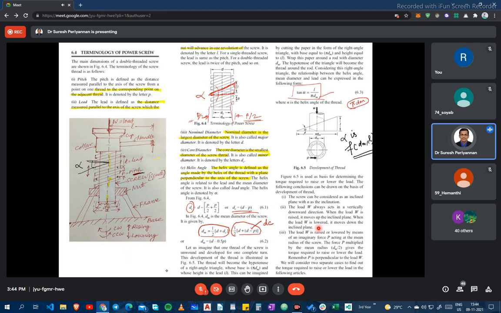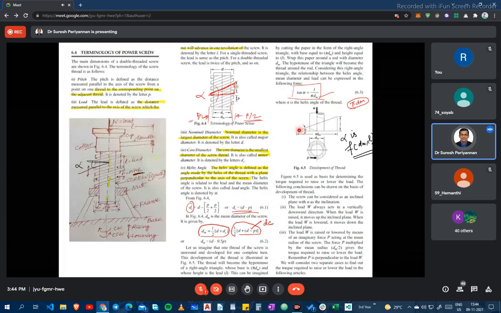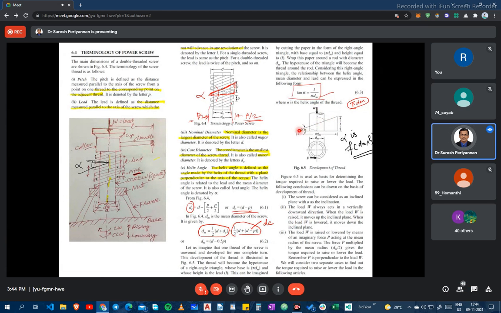When we rotate the handle clockwise or anticlockwise, the load is lifted, moving up the inclined plane. This is a very important thing. The full load acts only on the threaded region, and the threaded region is the inclined plane.